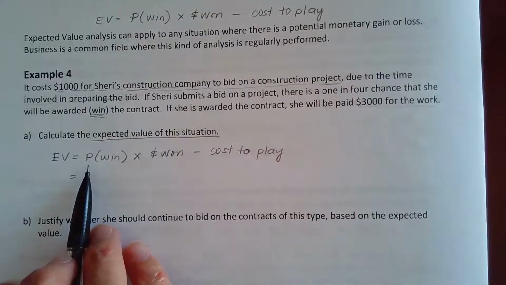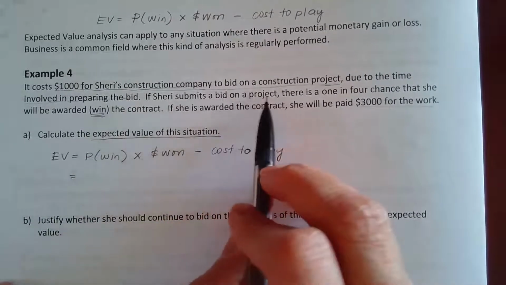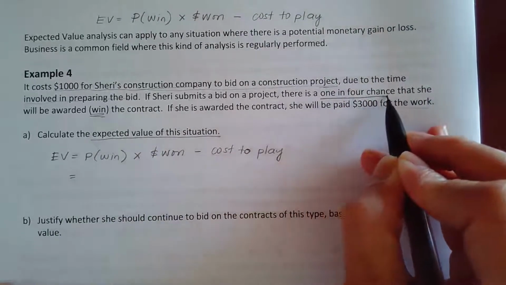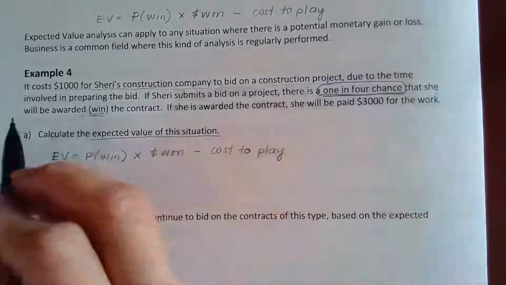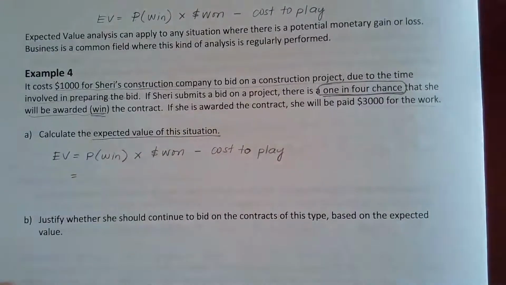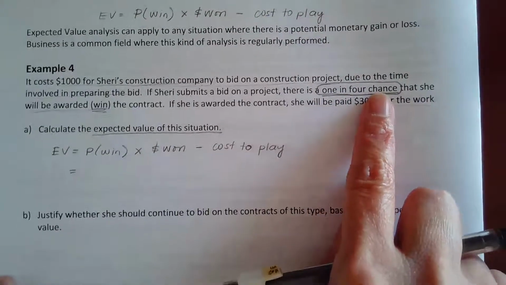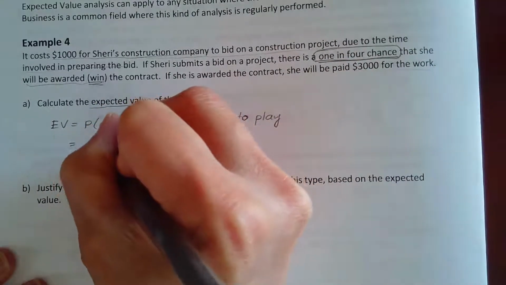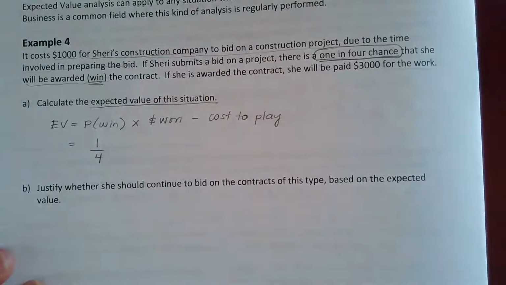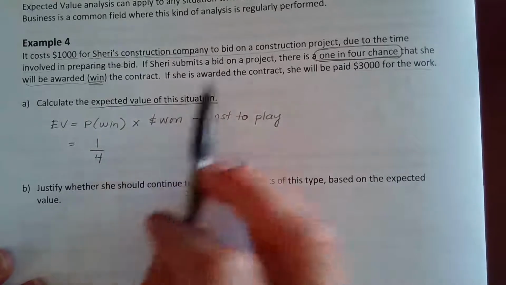So for her, let's see what her chance to win is. If Sherry submits a bid on a project, there's a 1 in 4 chance. There's our key there. 1 in 4 chance that she will win. So her probability of winning is 1 in 4. How do we write this as a probability? 1 in 4 chance means 1 out of the 4 chances, 1 divided by 4, times the amount of money she's going to win.